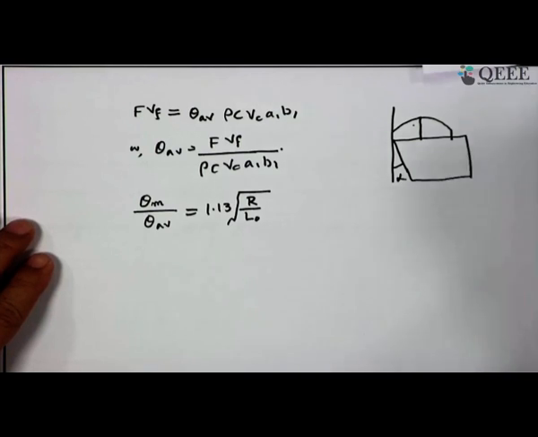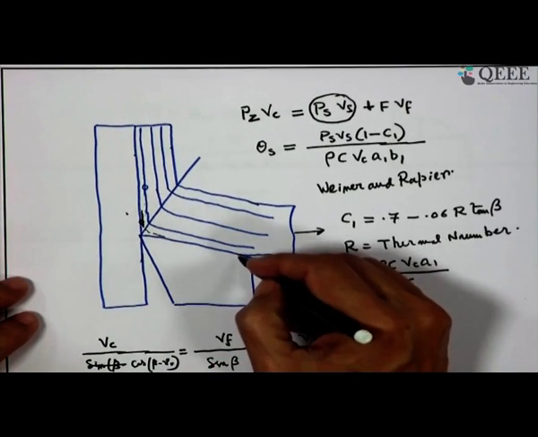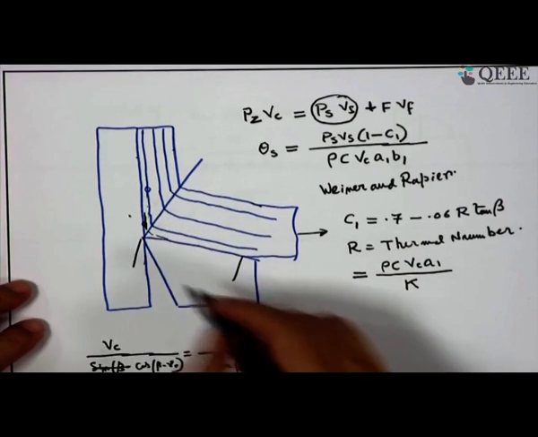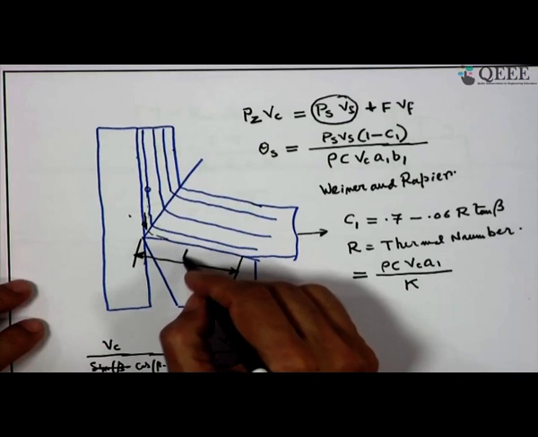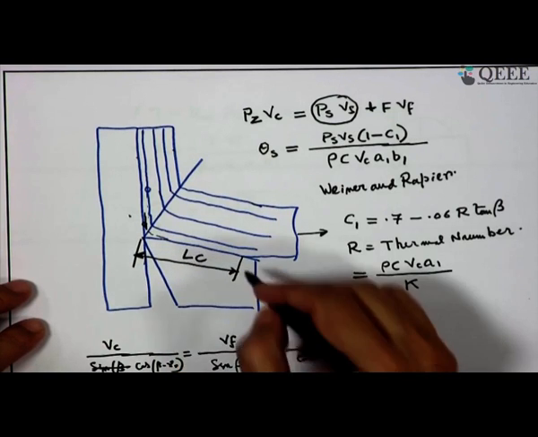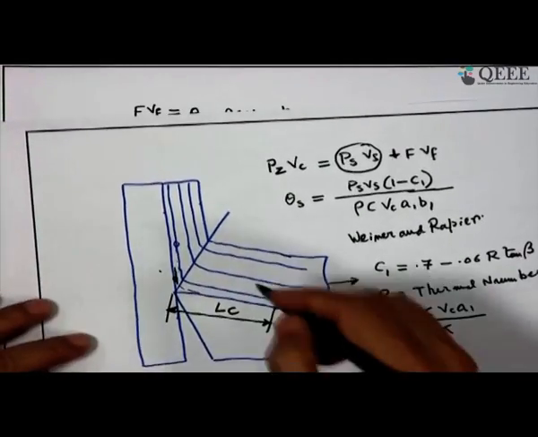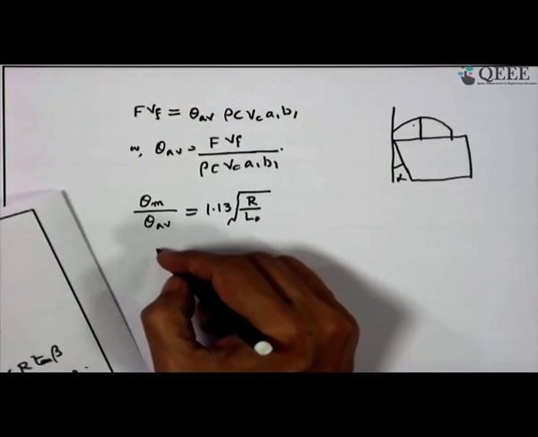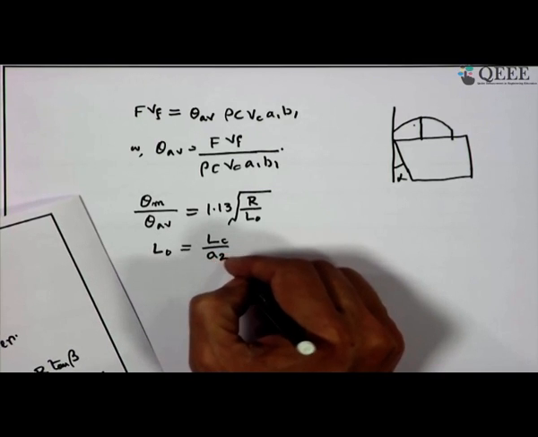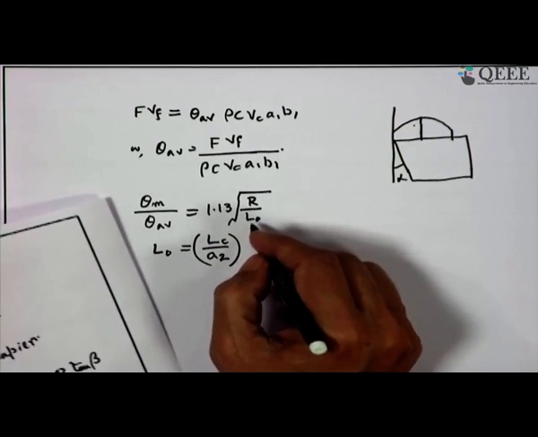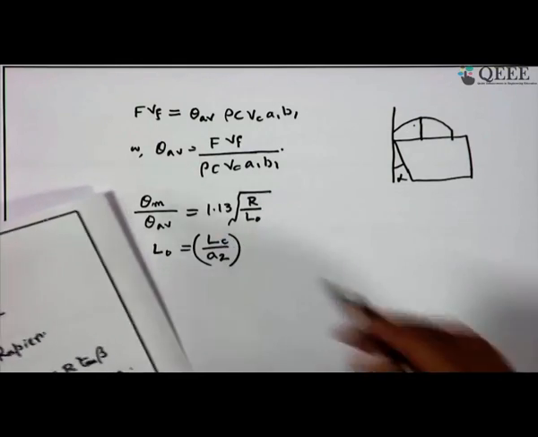And what is L0? Friend, I would like to get back to this diagram. This is actually your chip tool contact length. Say it is LC, the chip tool contact length, after which the chip gets separated. So, L0 is nothing but LC by A2, a parameter which replaces this L0.